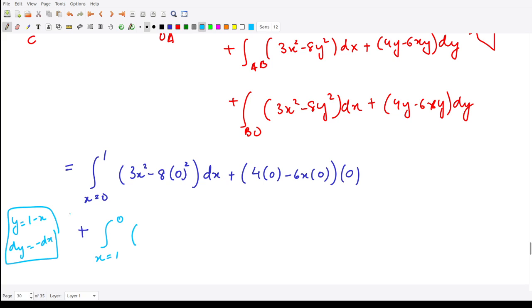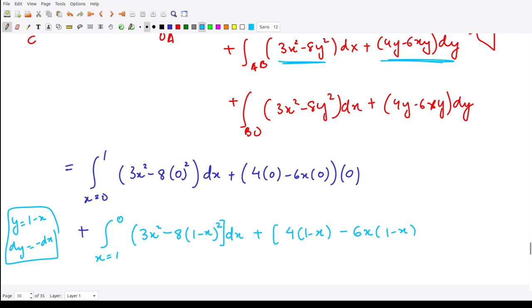So keeping that in mind, writing in place of these terms, we have 3x square as such minus 8. Instead of y we will write 1 minus x whole square. Instead of dx, it is dx only. And then we have plus, instead of y we will write 1 minus x, then minus 6x. Instead of y it is 1 minus x, and instead of dy we have minus dx.